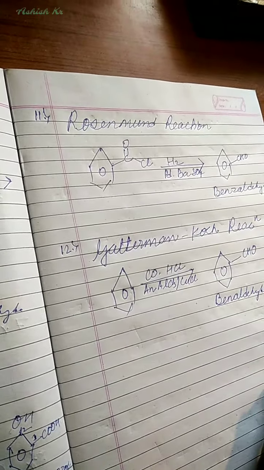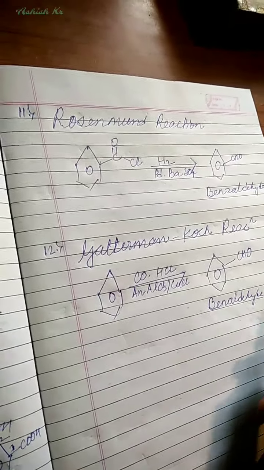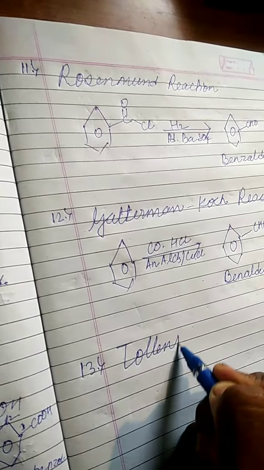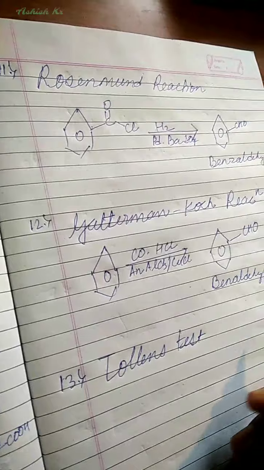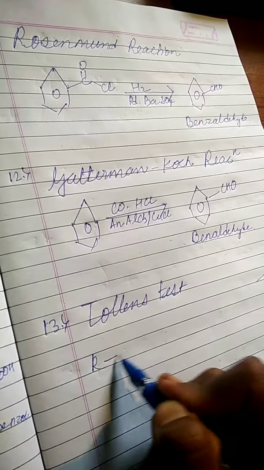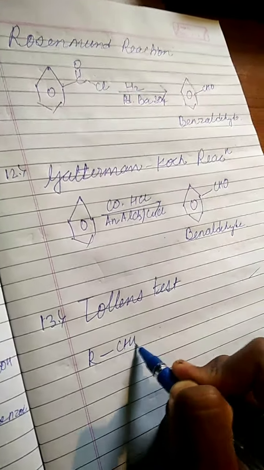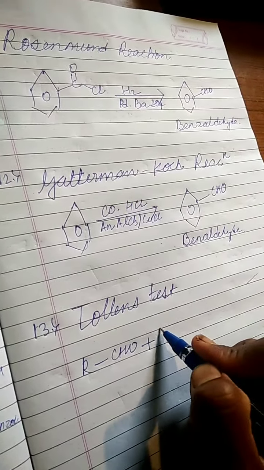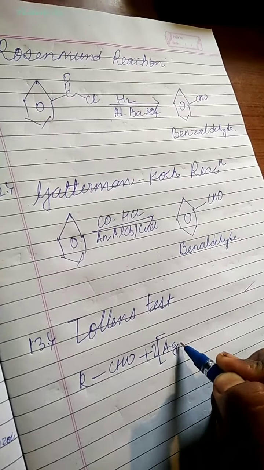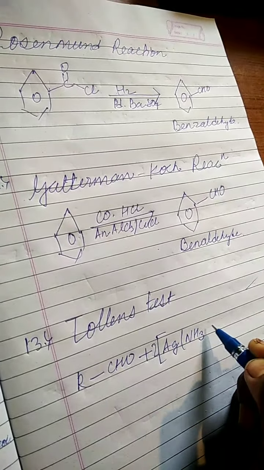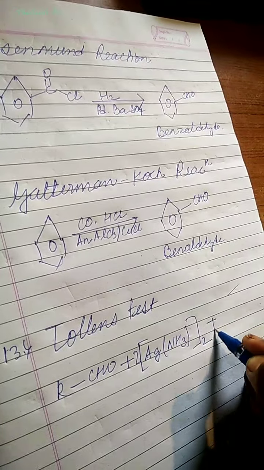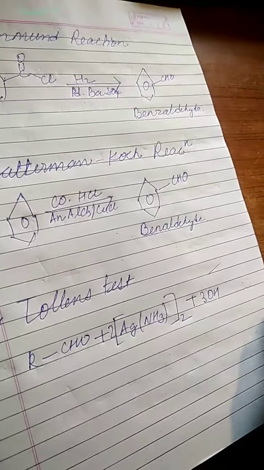So next, one test is there. This is Tollens test. In this test we take RCHO, where R is alkyl, and it is reacted with 2 moles of [Ag(NH3)2]+ and 3OH-.